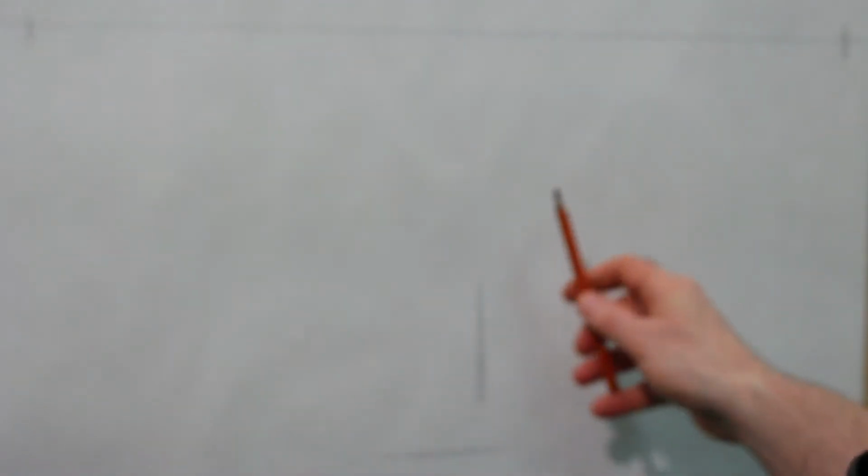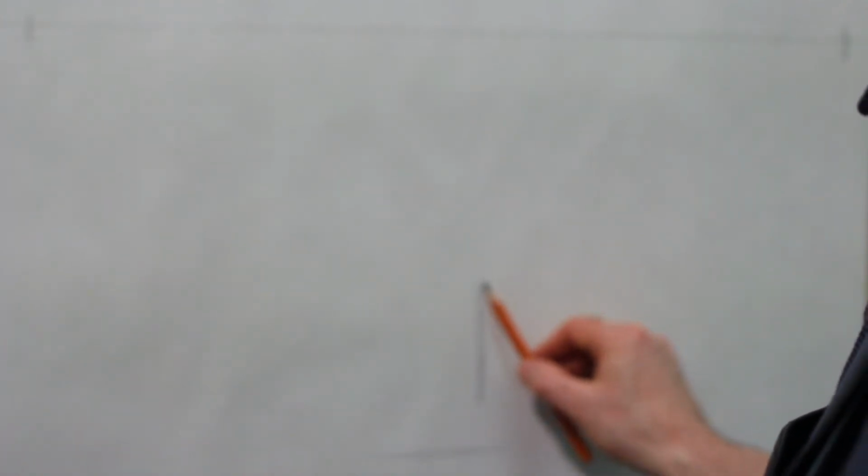One of the mistakes people make is that they let their vanishing points get a little bit too close together. And having vanishing points that are close together causes distortion. So we don't want that. So I have one vanishing point here going off the page.